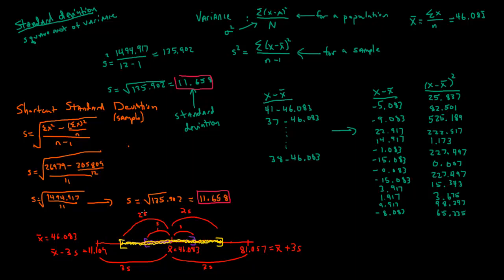But then the empirical rule further says that if you are within 3 standard deviations of the mean, that would be this interval, 11.109 to 81.057, that interval is going to contain approximately 99% of the data.